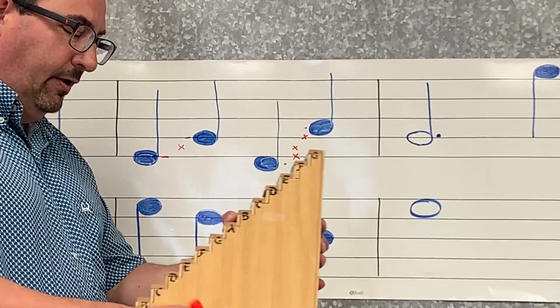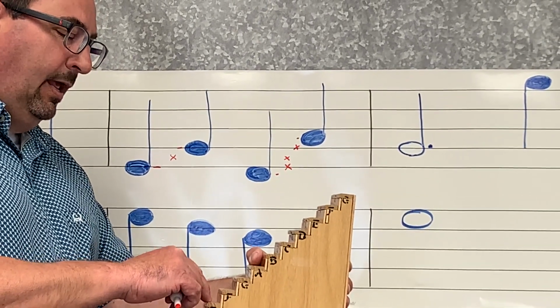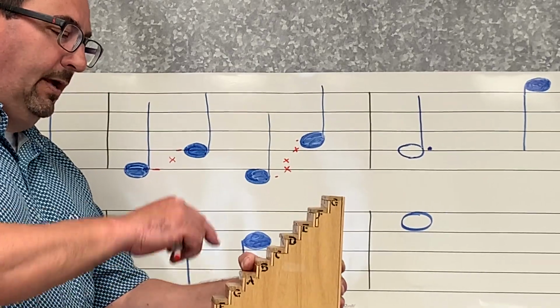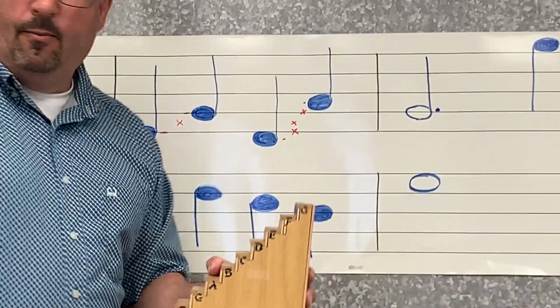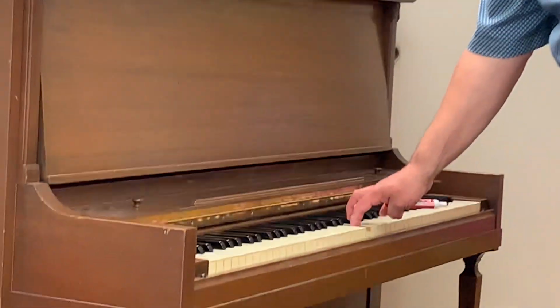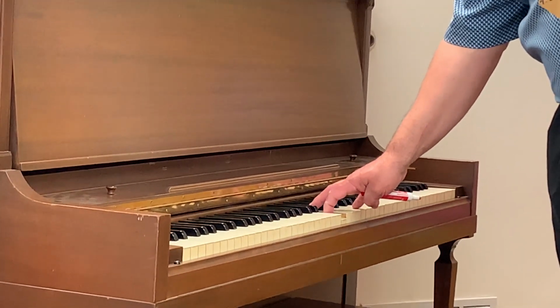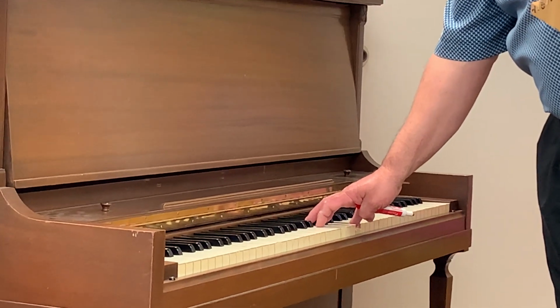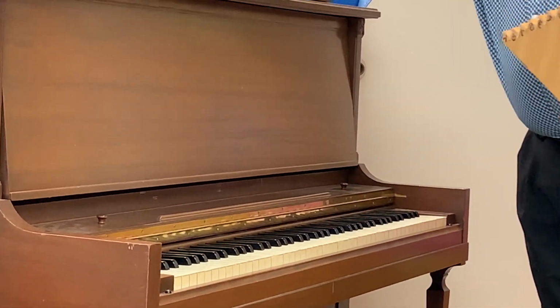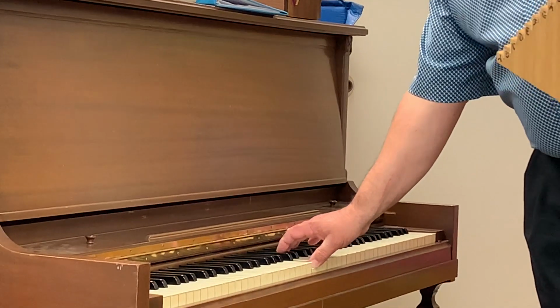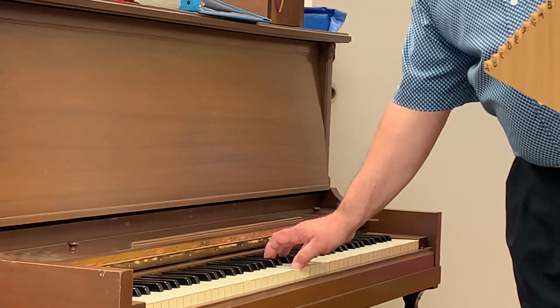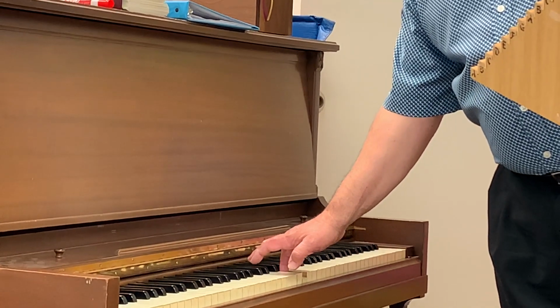We know that if we have our stair steps, we skip 1, 2, 3, 4, 5. We go from here to here. But on the piano, what we hear is from a third, and we call that the interval of a third. 1, 3, 1, 5.